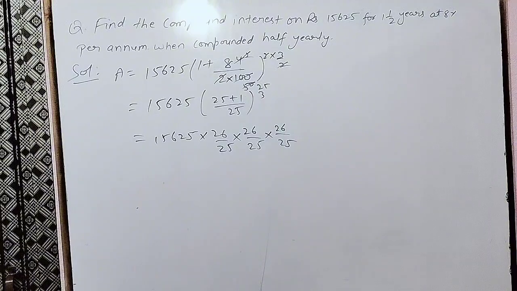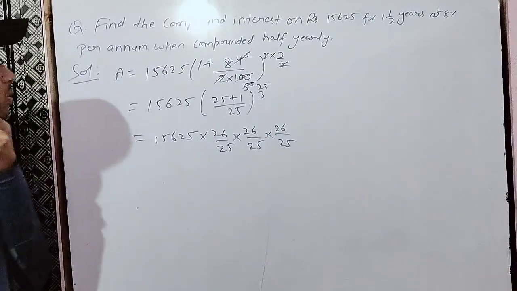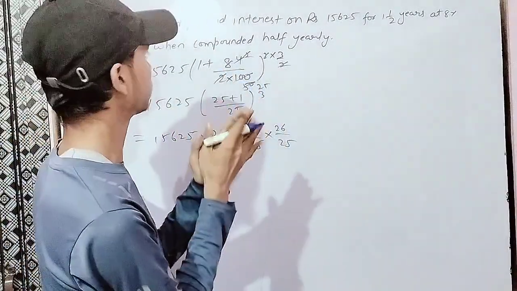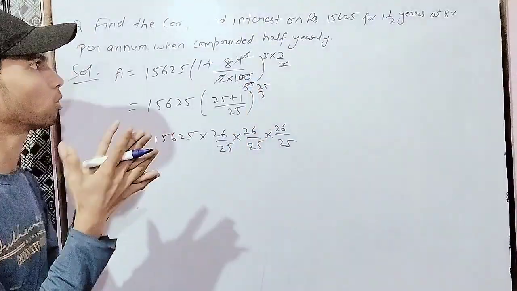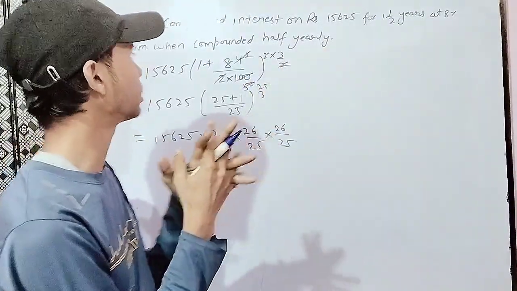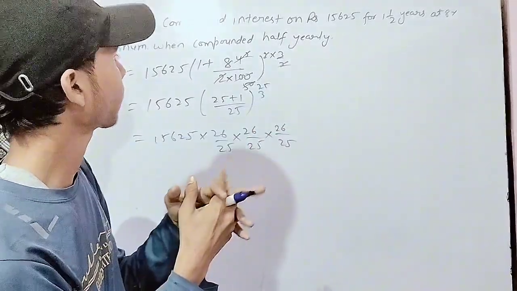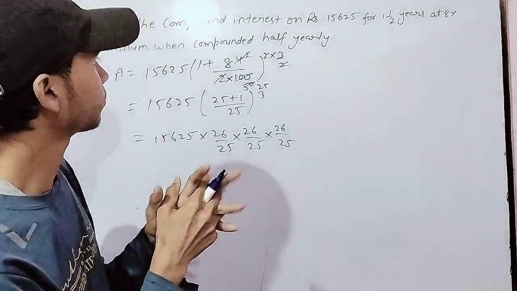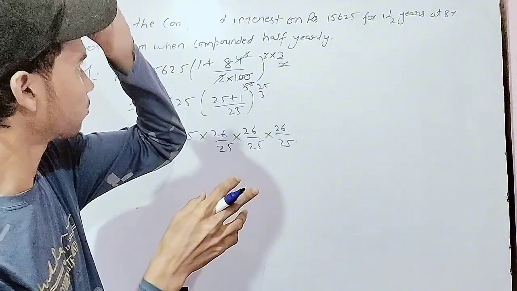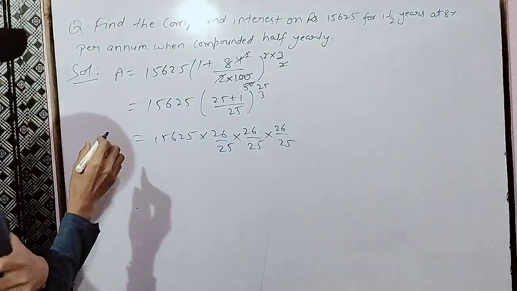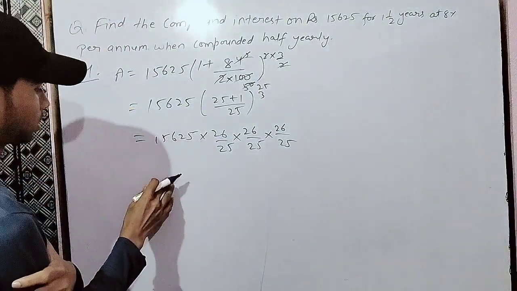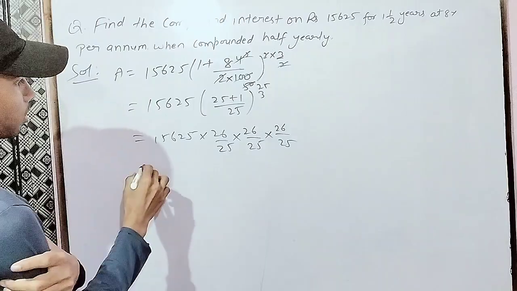The next step is to simplify this. Interest is 8%, and 2 will be applied for half yearly, and then 10 for n. It will happen in this type of equation.